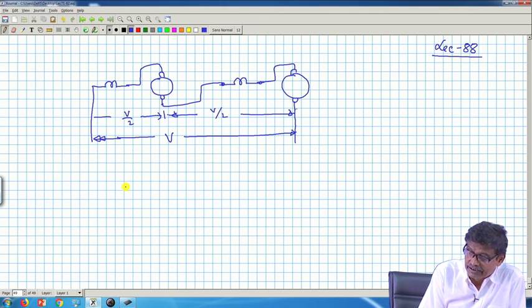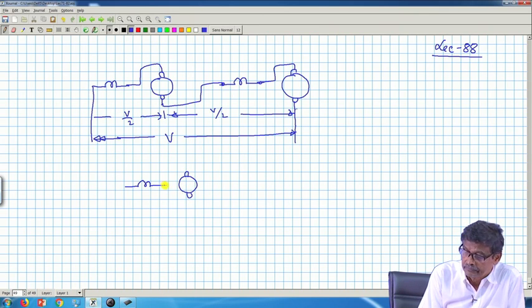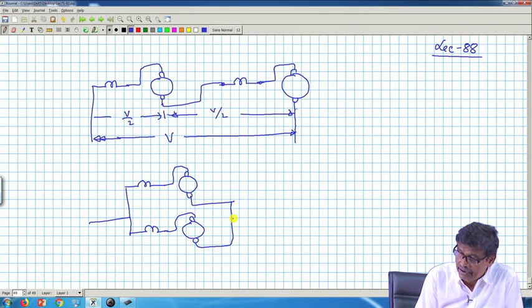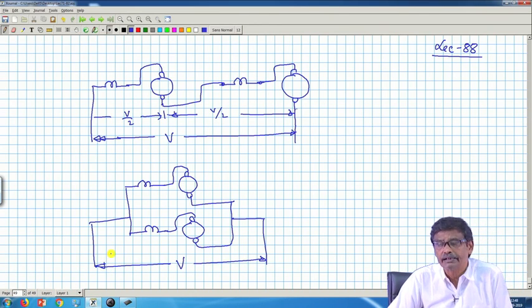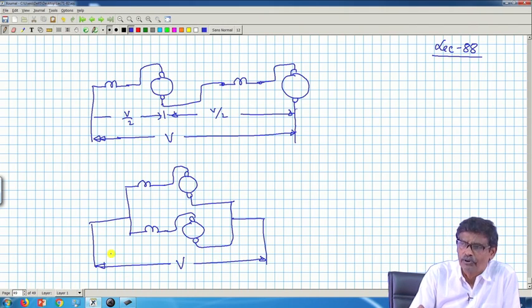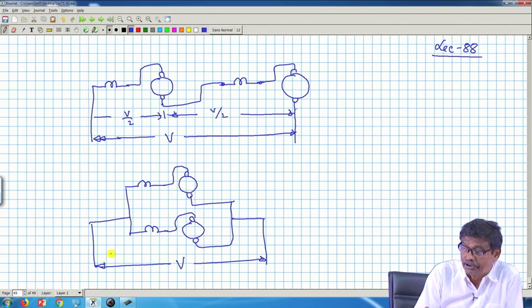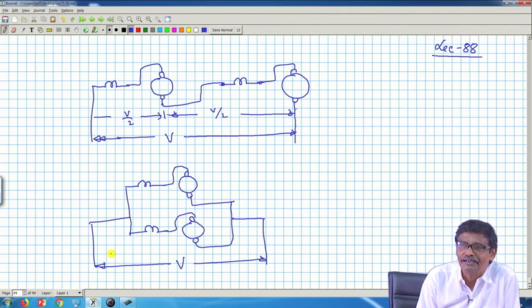And also you can connect them in parallel. This is another motor. Connect them in parallel and apply V. Perhaps at the time of starting you apply half voltage, maybe some resistance will also be necessary to restrict the starting current, that is not the issue, but you can get two different speeds in this way.